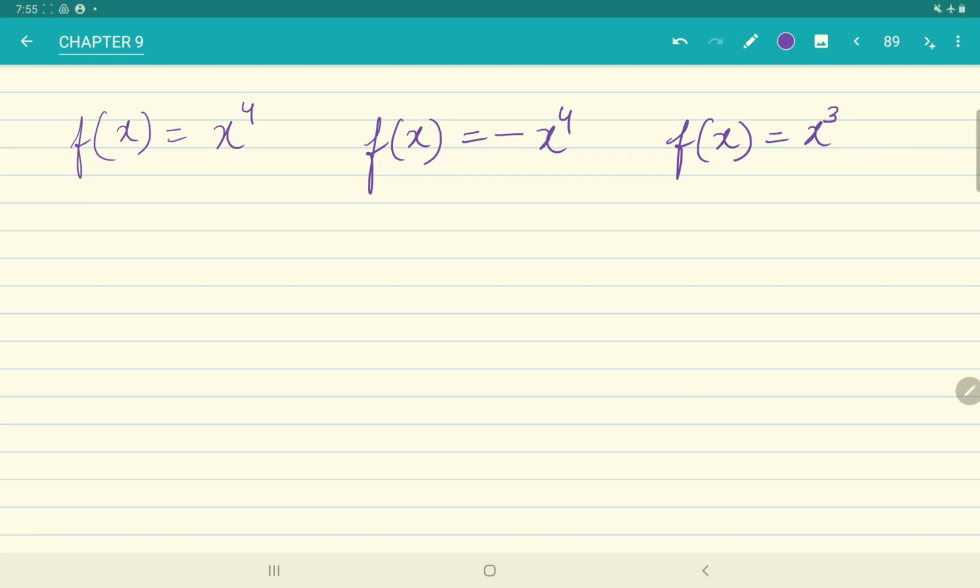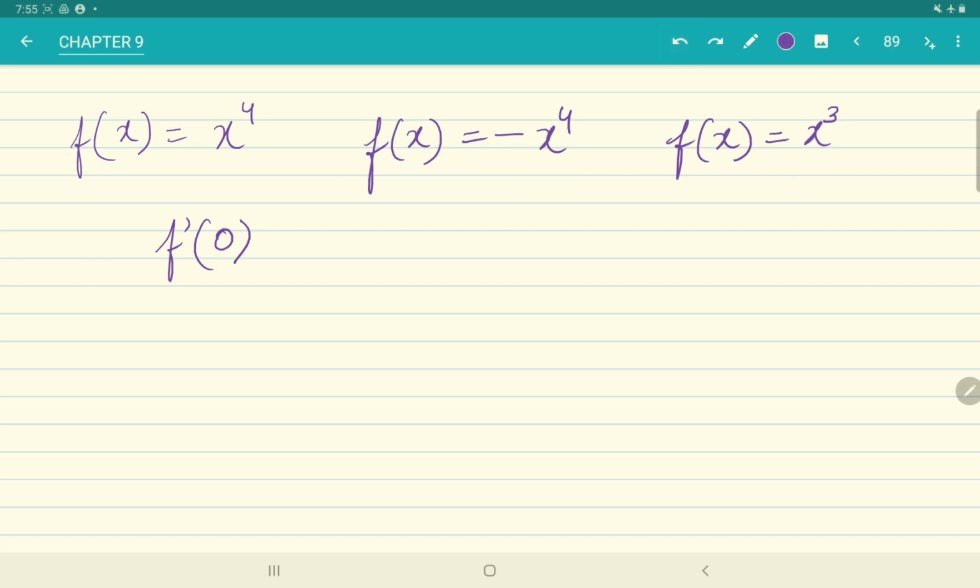If we observe, we see that at 0, in each of these functions, we have f prime 0 equal to 0. For the first, f prime of x is 4x cubed, so f prime 0 is 0. In the second, it is minus 4x cubed. Again, 0 at 0.